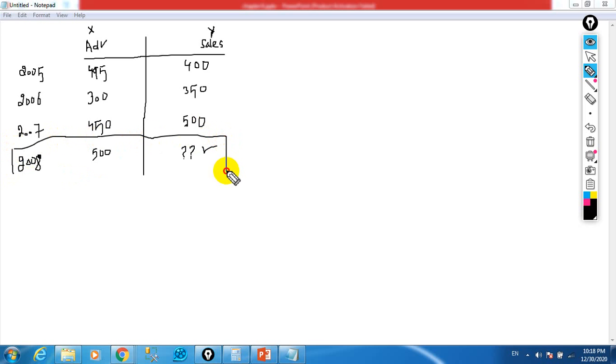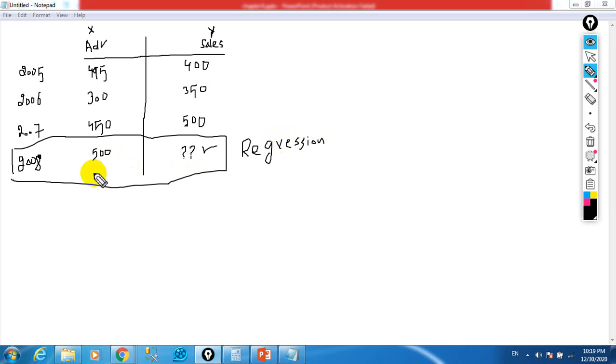For finding this value we are using regression.